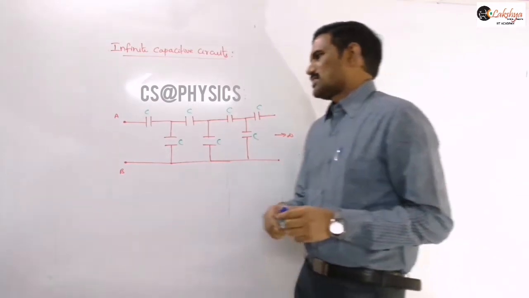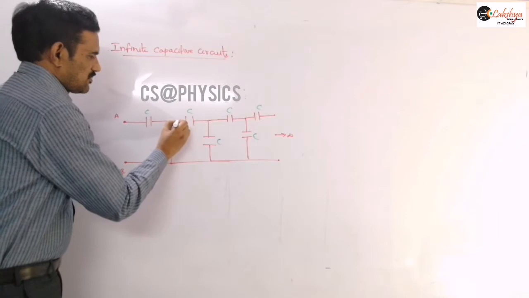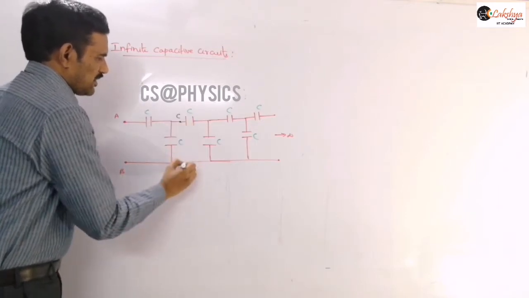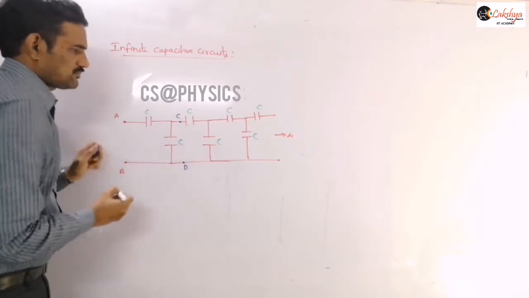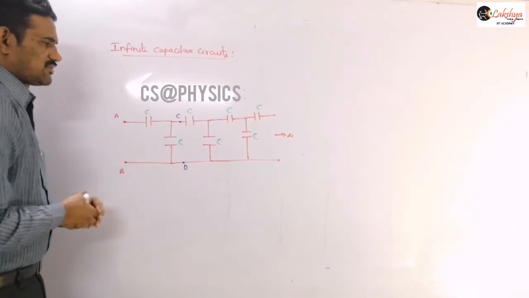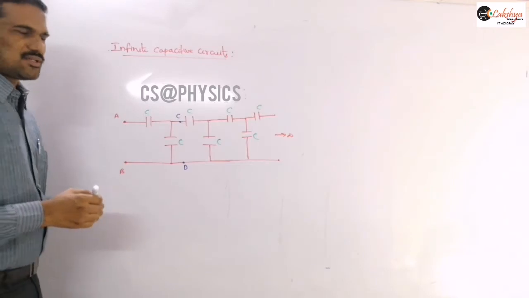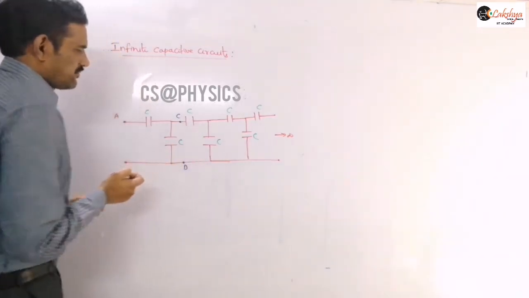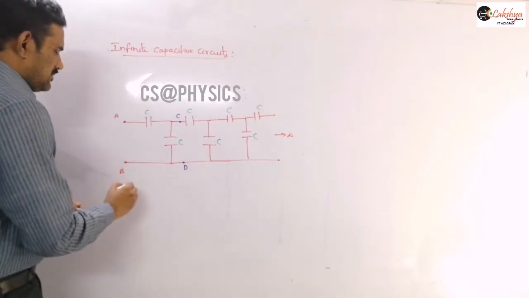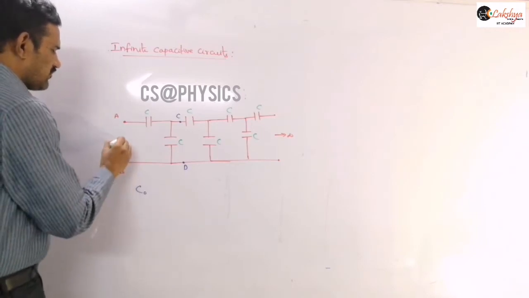For that reason, our procedure is to remove one of the cells here. I am removing up to here. Suppose this point is C and this point is D. Up to the points CD we are considering that, which means we are removing this. If one cell is removed, there is no change in the effective capacitance.